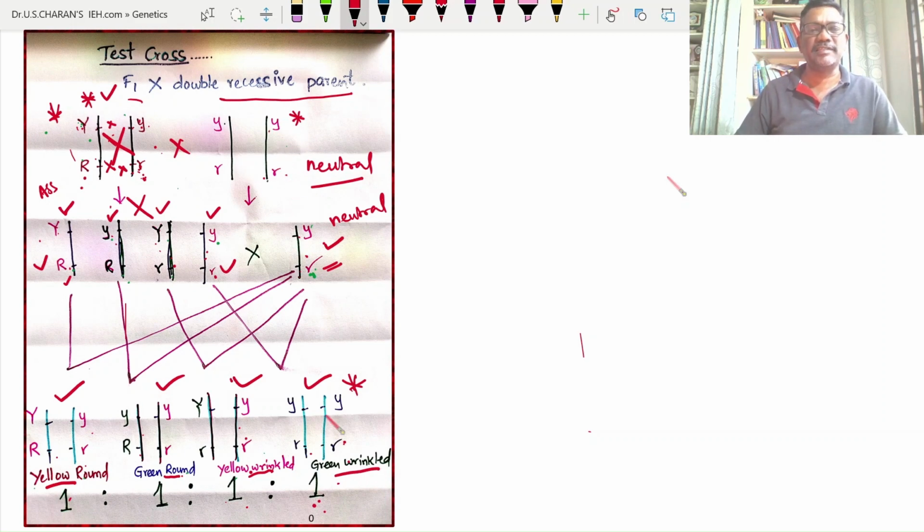So the homozygous recessive parent is formed, the double dominant parent is also formed, and 2 recombinants are also formed. Actually all these are formed in a 1:1:1:1 ratio, that is an equal ratio.